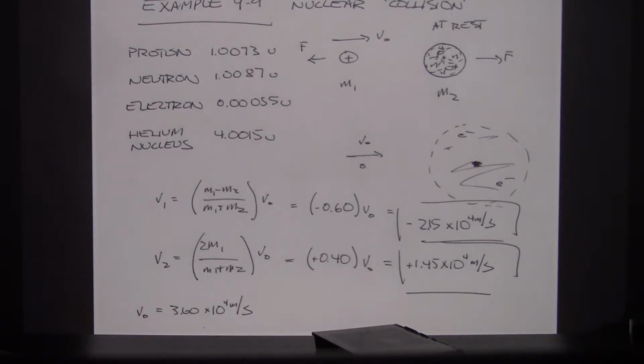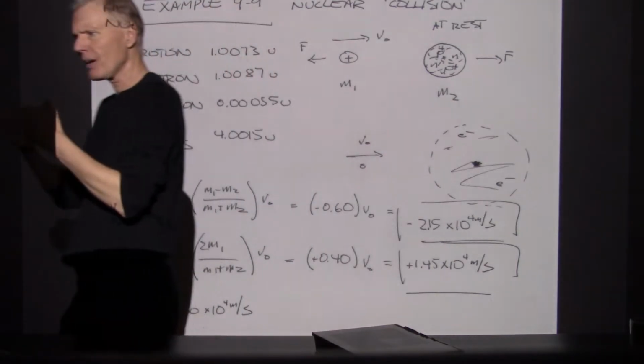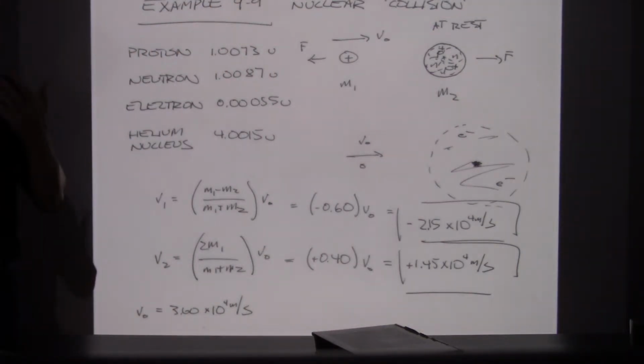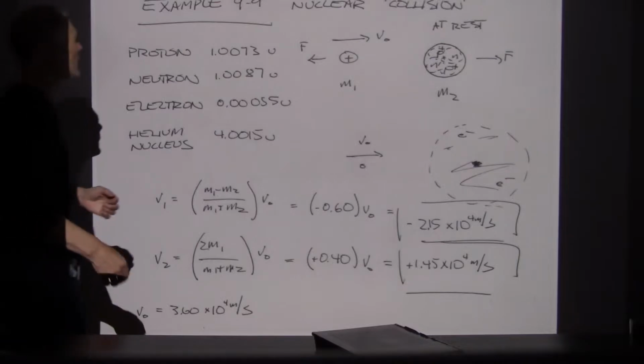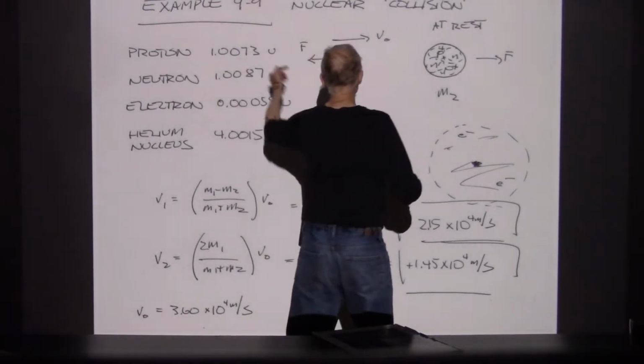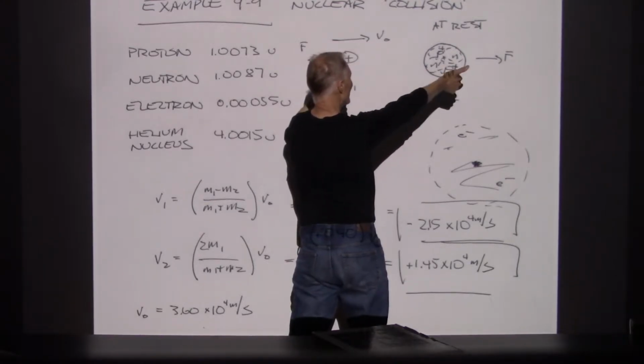So we're used to thinking of collisions as where things hit and there's contact between them. But when you take a close look, you realize that these atoms and molecules are not billiard balls. They actually interact through electric and magnetic forces. And so what happens is, as the proton approaches, these two begin to repel each other.